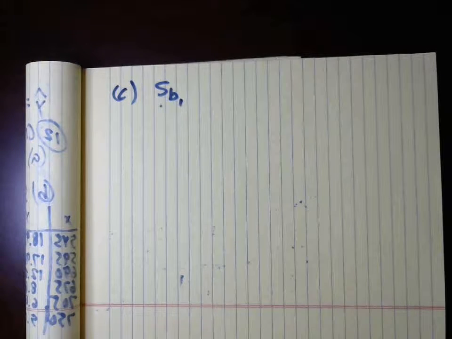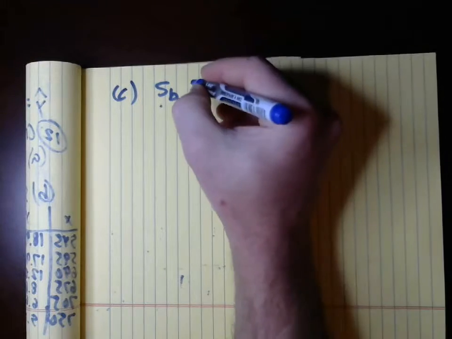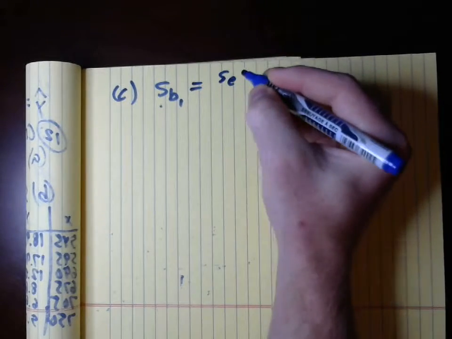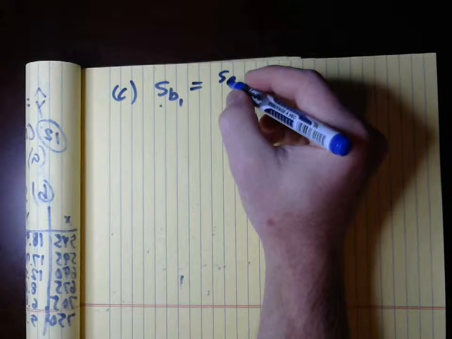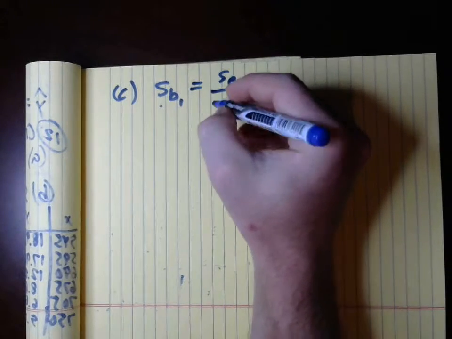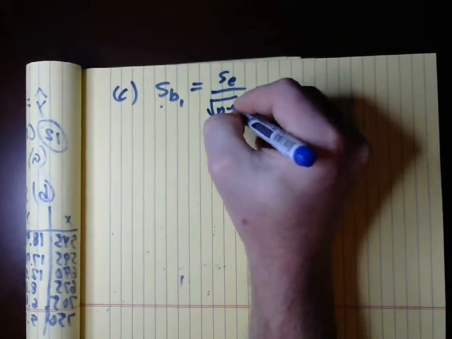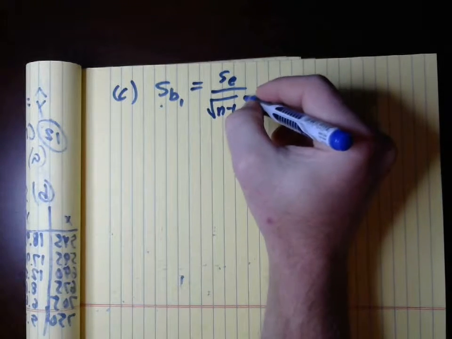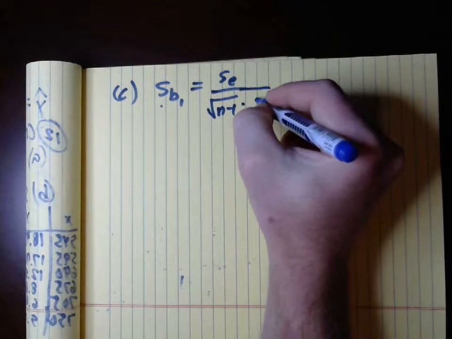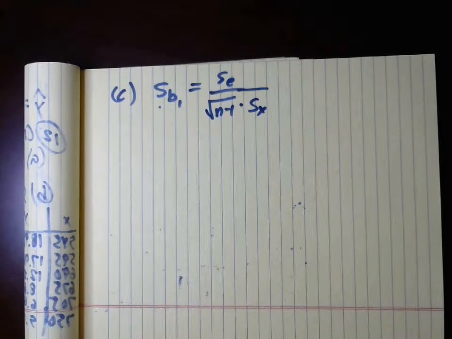And the standard error of our B1 is calculated by using the following equation. It is the standard error of our estimate divided by the square root of n minus 1 times S sub x. So we want to find our standard deviation of our x values.